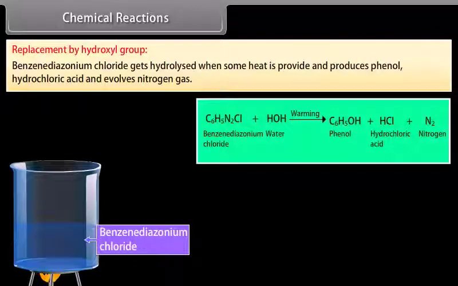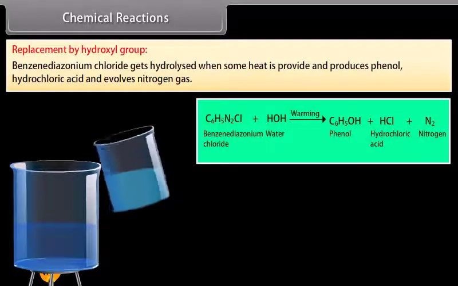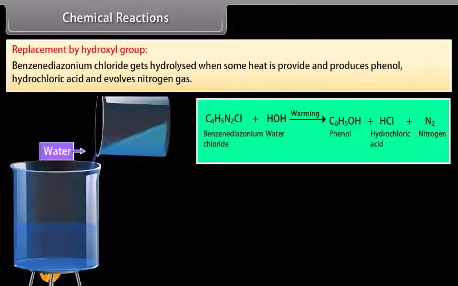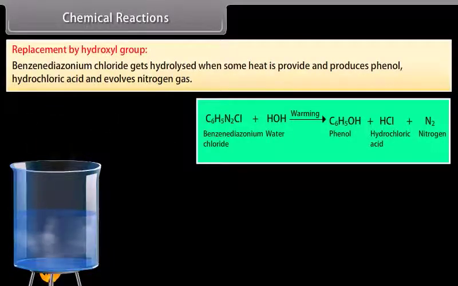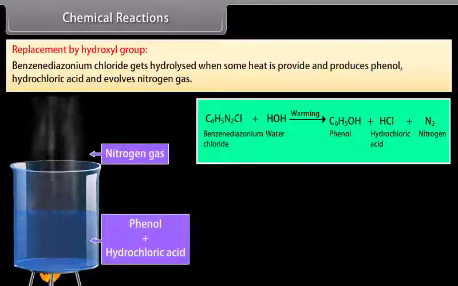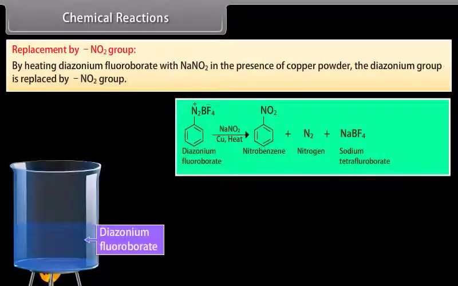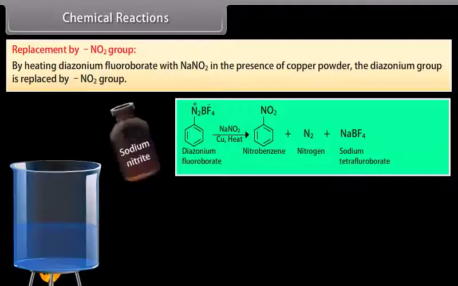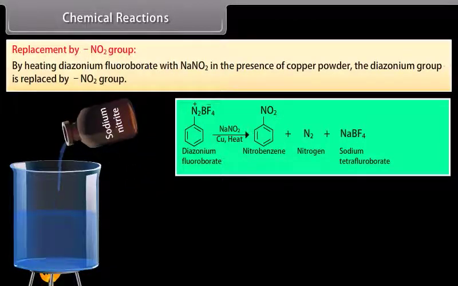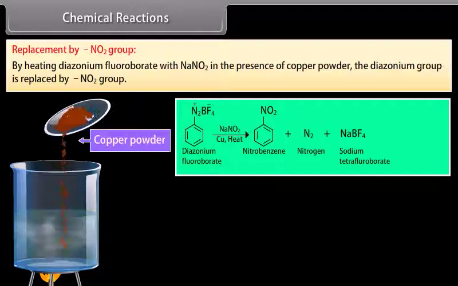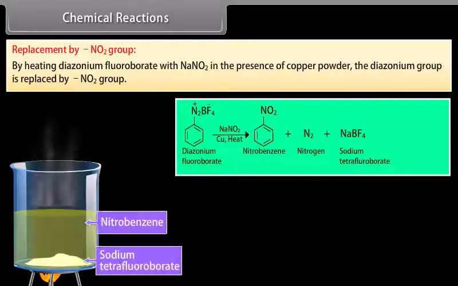Benzene diazonium chloride gets hydrolyzed when heated and produces phenol, hydrochloric acid and nitrogen gas. Replacement by nitro group. By heating diazonium fluoroborate with sodium nitrite in the presence of copper powder, the diazonium group is replaced by nitro group.